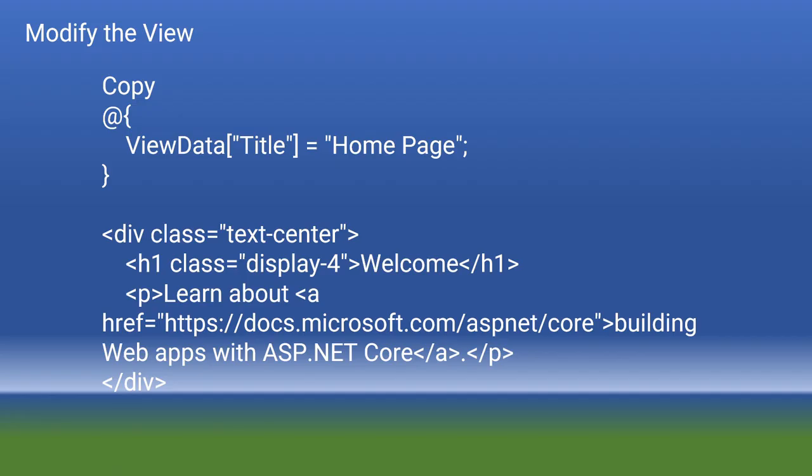You can also use CSS to style the elements and make them look more appealing. Razor syntax allows you to embed C# code directly into your HTML. This is useful for displaying dynamic data or performing calculations in your view.